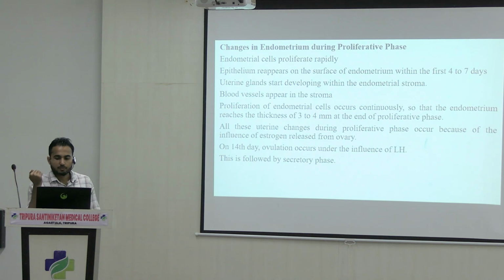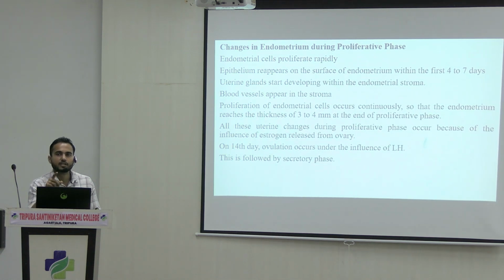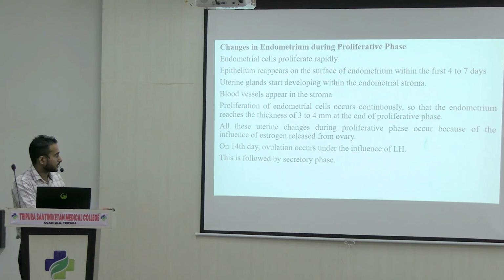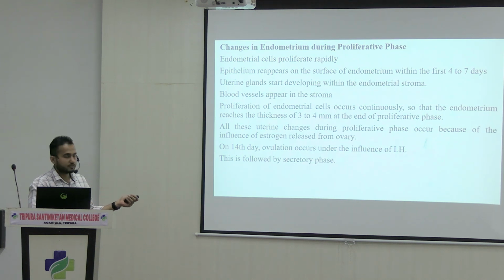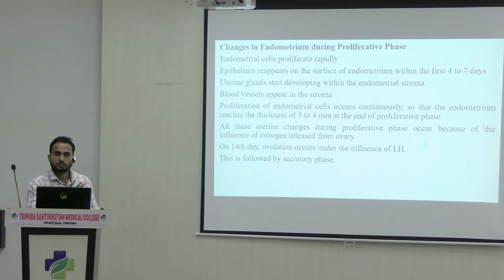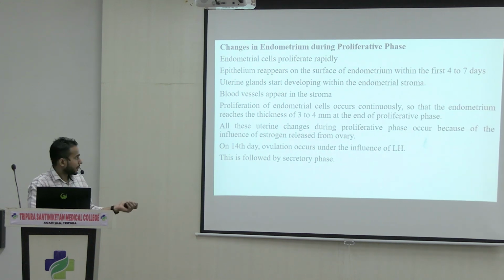So in the proliferative phase, first of all the thickness of the endometrium increases up to 3 to 4 millimeter, blood supply increases, and the size of the glands enlarges. All those changes are taking place under the influence of estrogen. And the ovulation taking place on the 14th day is by the influence of LH, and that is followed by the secretory phase.